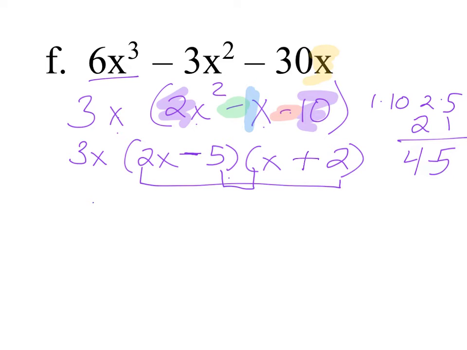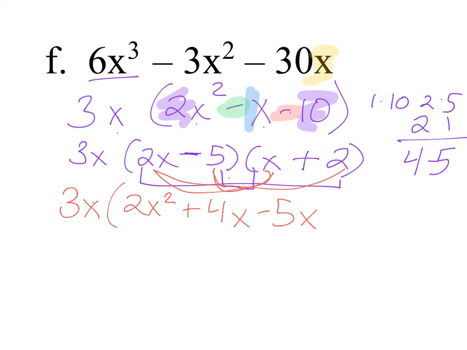All right, so to check this, we have to redo the multiplication. So first I'm going to do the FOIL, and I get 2x squared. Now remember, I've still got the 3x out here. I've got a 4x, a minus 5x, and a minus 10. Well, the 4x minus 5x adds to just a single negative x.